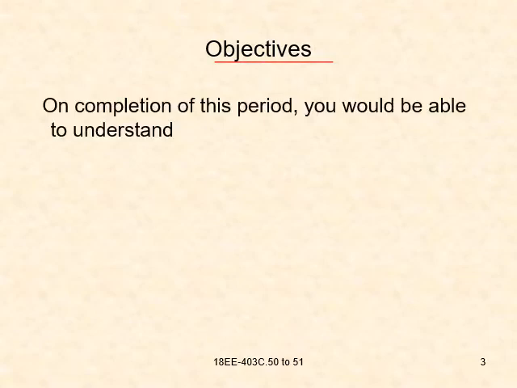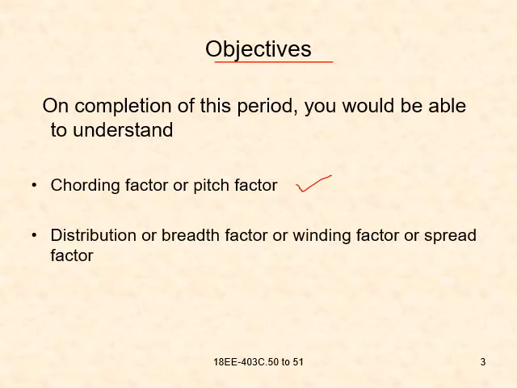Today's objectives: on completion of this period you will be able to understand the cording factor, or pitch factor, and the distribution factor, also called breadth factor, winding factor or spread factor.